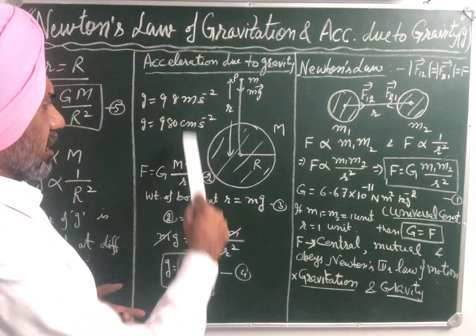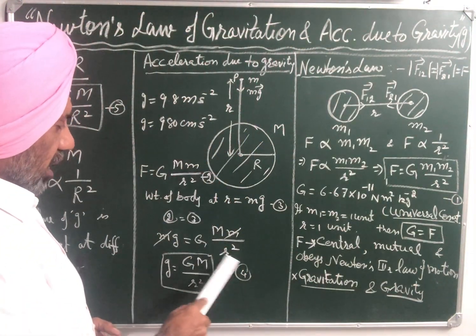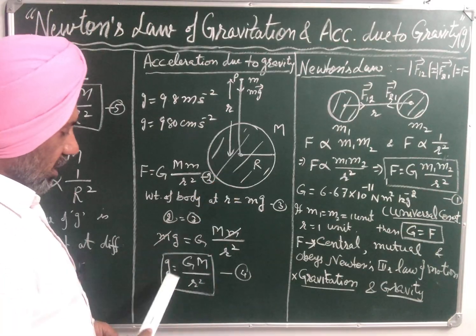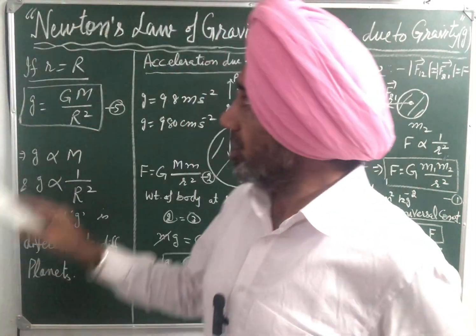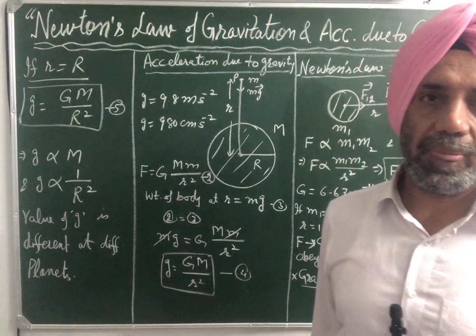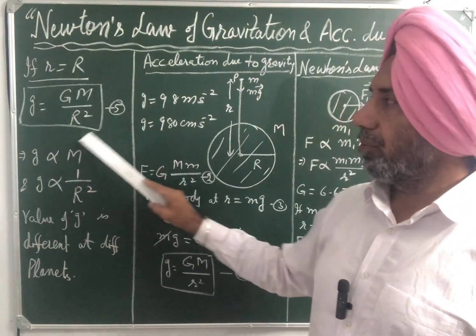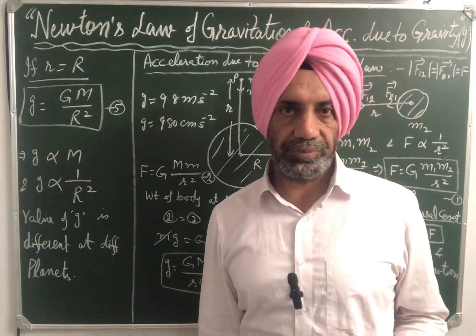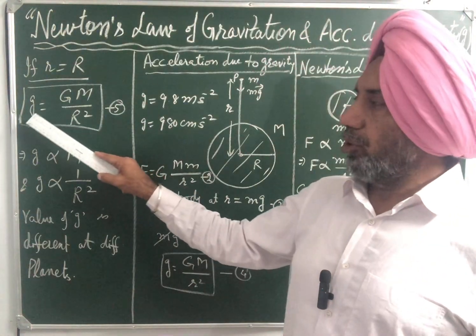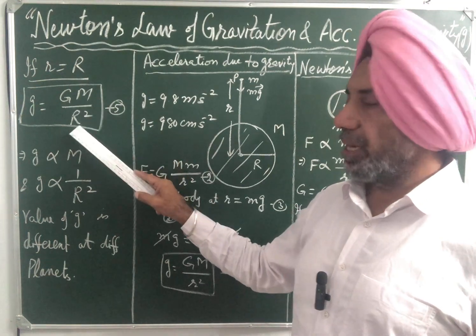This is the general expression. At the surface of Earth, if small r is equal to capital R, just above the surface of Earth, then g will be equal to G M upon capital R square. It means this is the expression for acceleration due to gravity for a given planet. So the value of g will depend upon the mass of the planet and the radius of the planet.